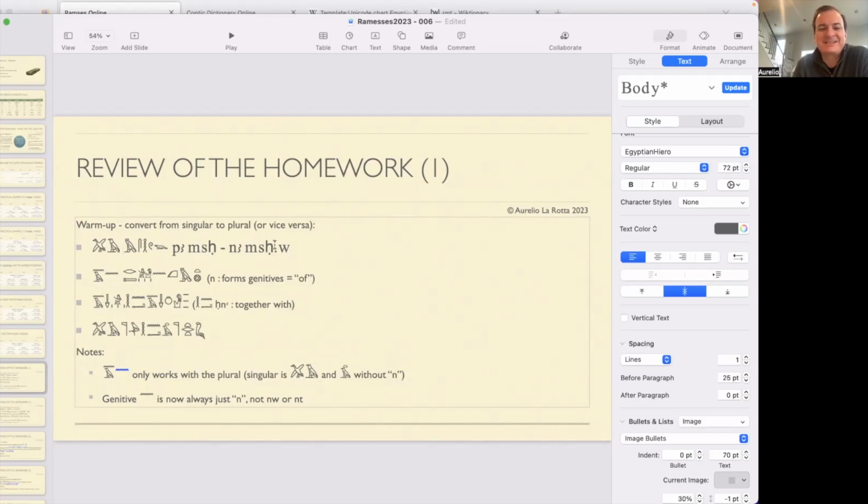That's as good as we can get it, not knowing the vowels. A normal Egyptological pronunciation would be pa mesech. That's what people typically would do, because we tend to put the stress on the first syllable, no matter where it may have gone in reality. Very good. Who wants the next one?